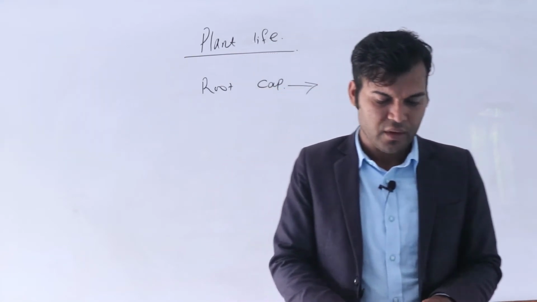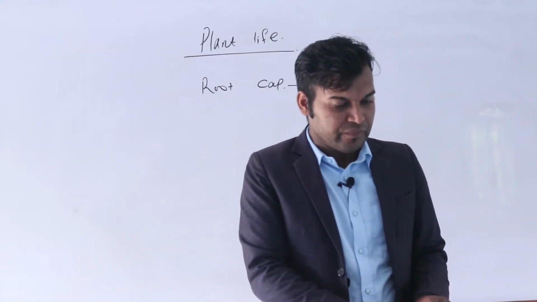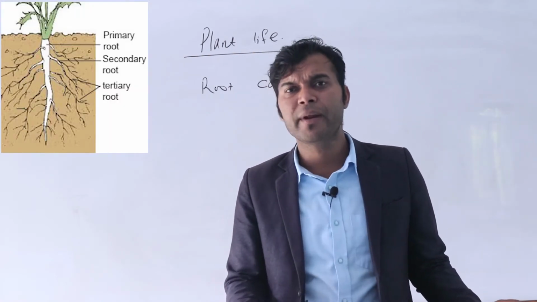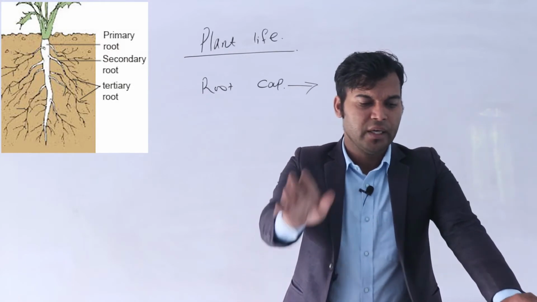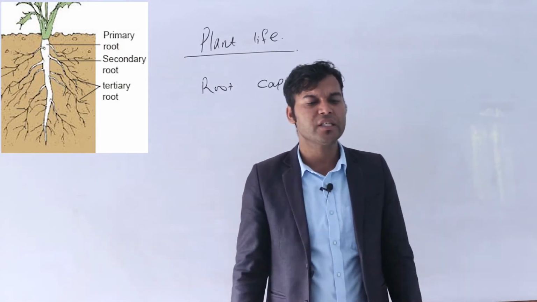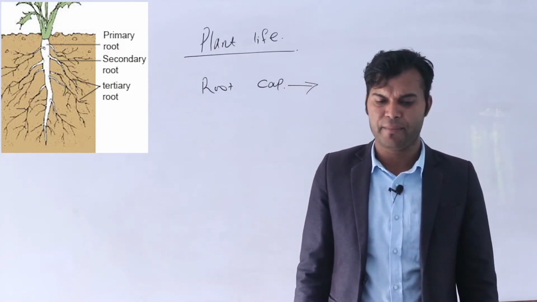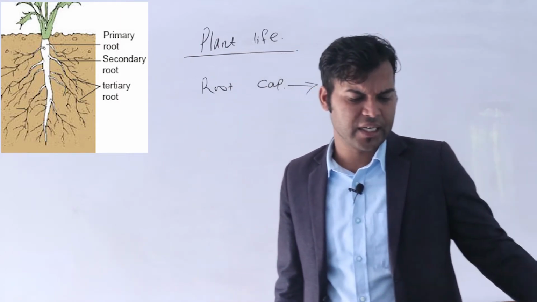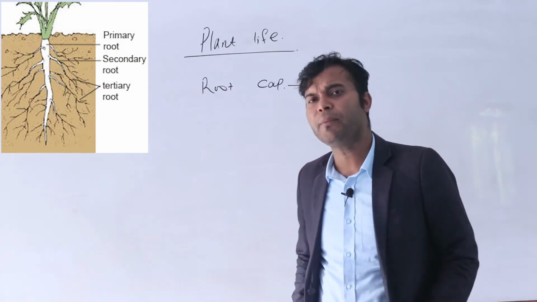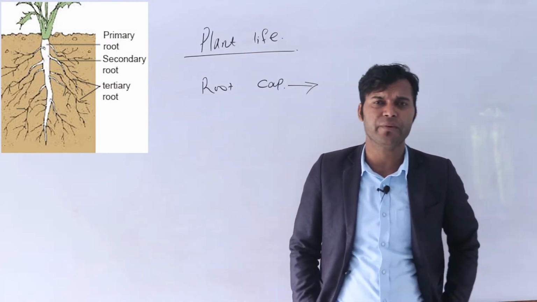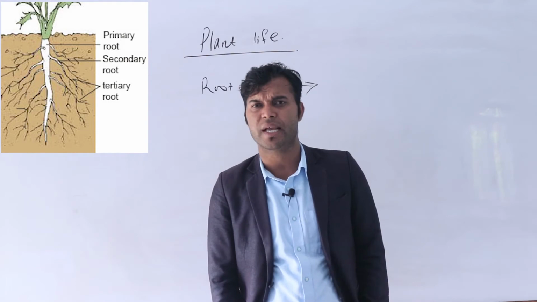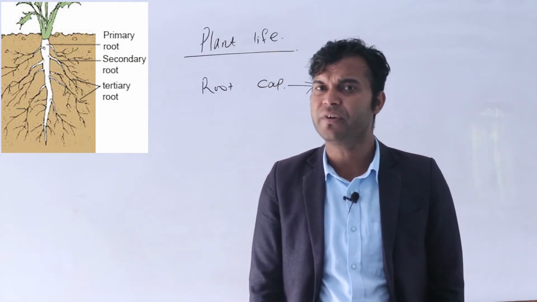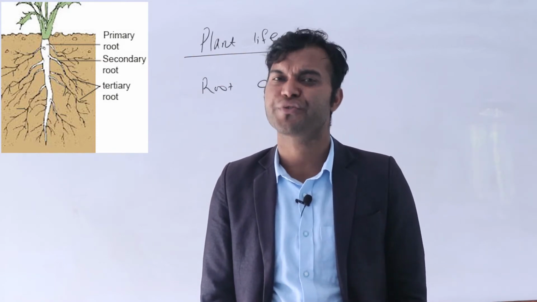Okay, types of roots. There are different types of roots. In the mustard plant there is one main root called the primary root, and secondary roots arise from the primary root.